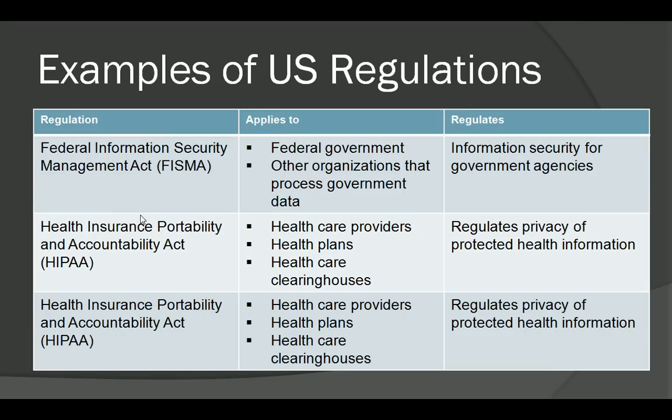The Federal Information Security Management Act applies to the federal government or to any organization that processes government data. So if you're a government contractor, you might have to comply with it. If you work for the government or for a government contractor, then FISMA is going to be very important to you.